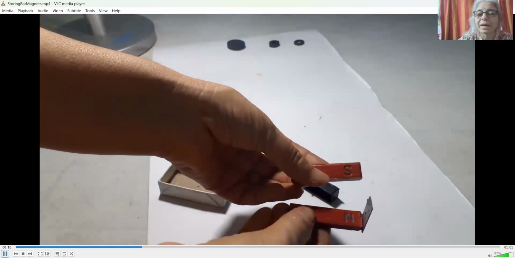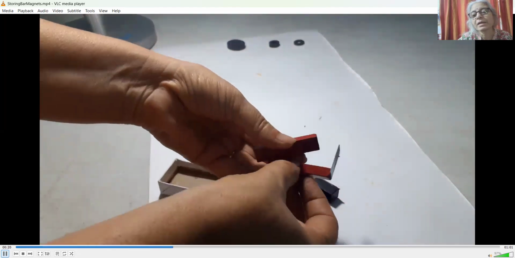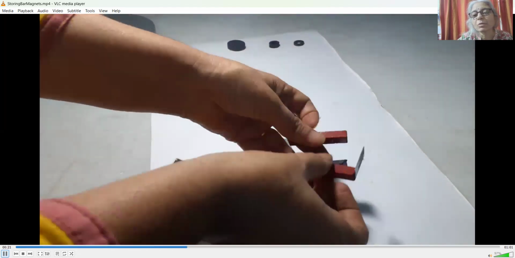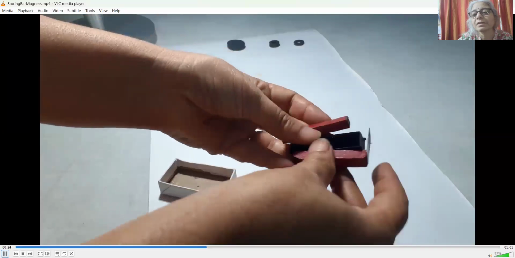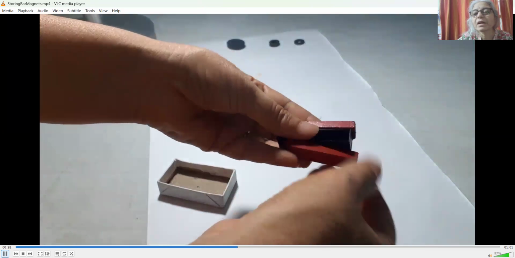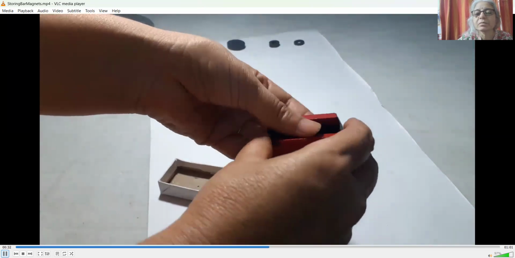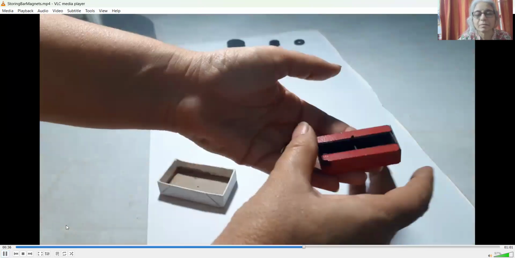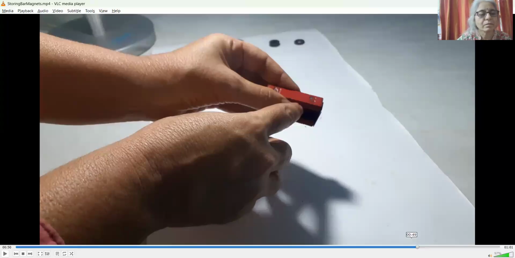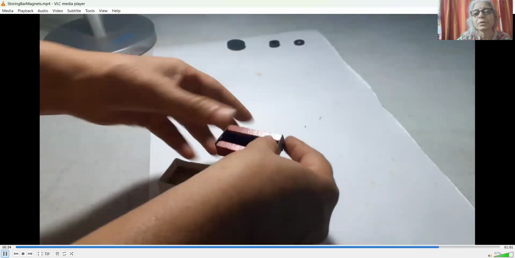So I'm going to put it back, north pole and south pole, north pole of one, south pole of the other, with the plastic separator in between, and then that small plate of iron stuck to the top. South pole and north pole.